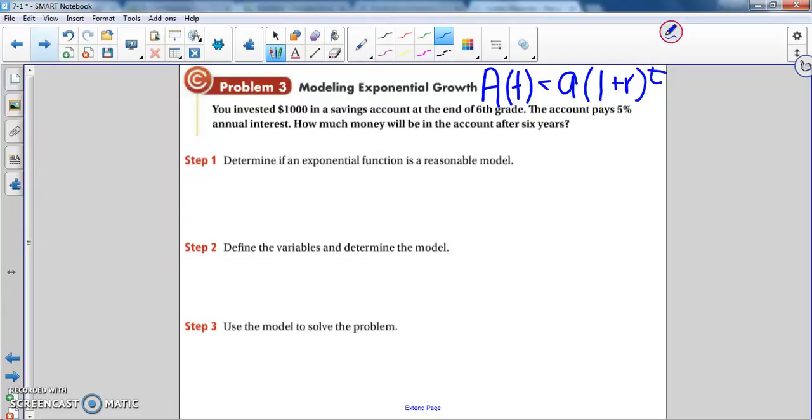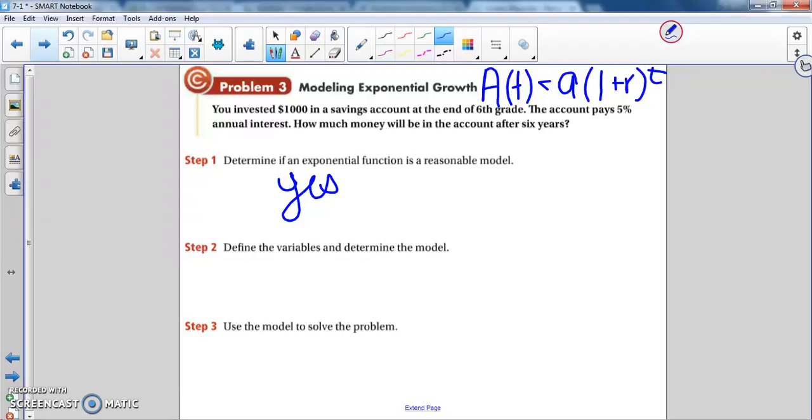Determine if an exponential function is a reasonable model. Since we are growing at a fixed rate of 5% per year, an exponential model is appropriate. So yes.